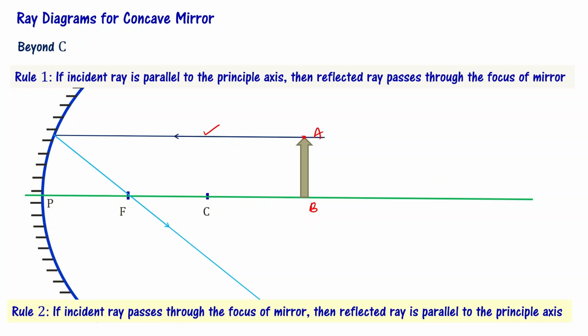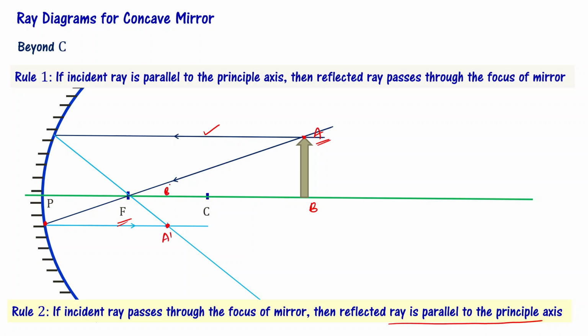If you use rule number 2, then I have to draw a ray from point A passing through F, such that this is the point of incidence, right? Now, rule number 2 says that the reflected ray is going to be parallel to the principal axis. These two rays are intersecting at this point. This is going to be my A prime.